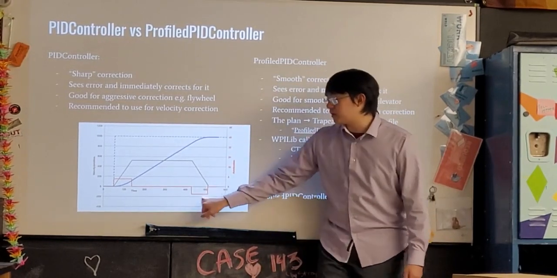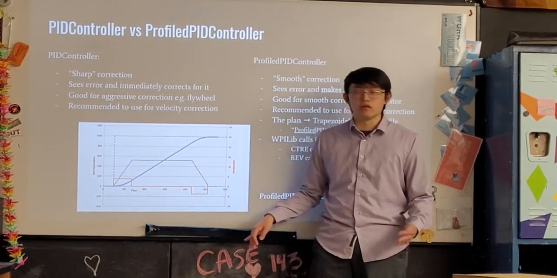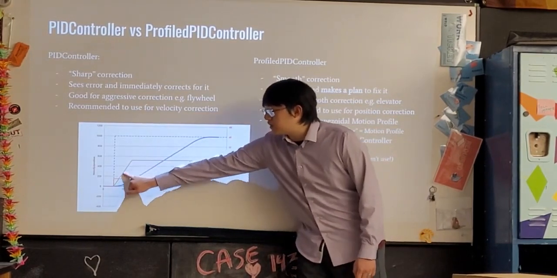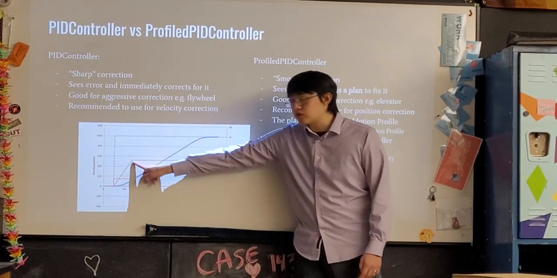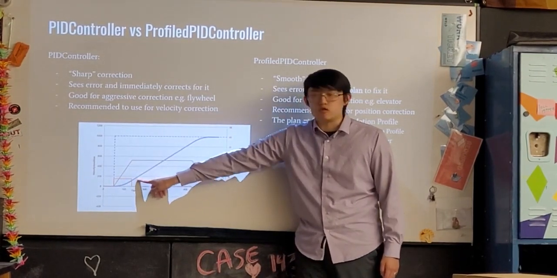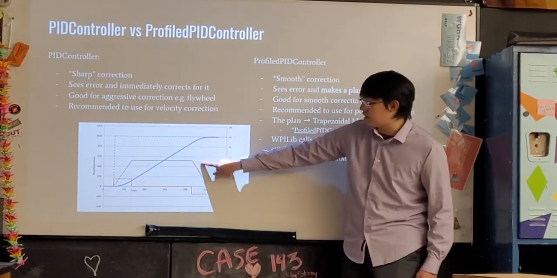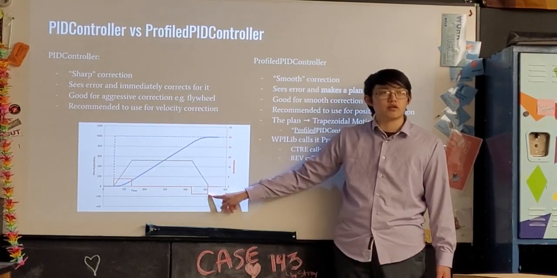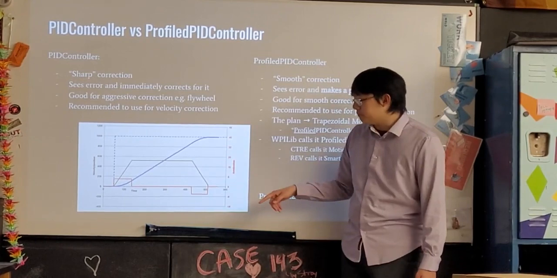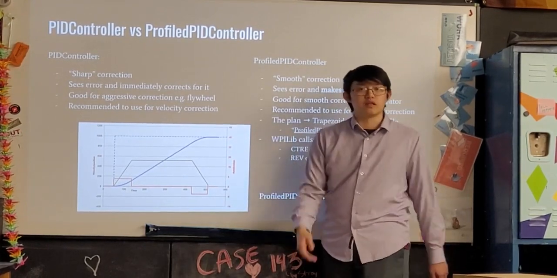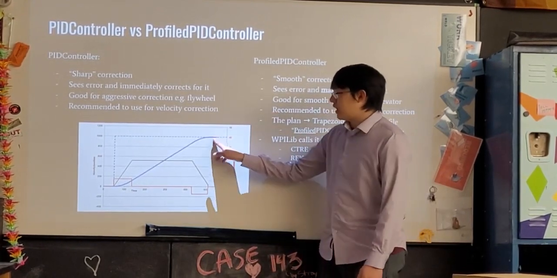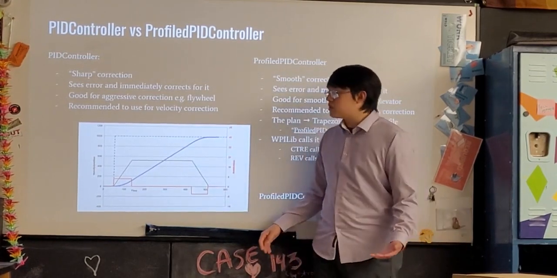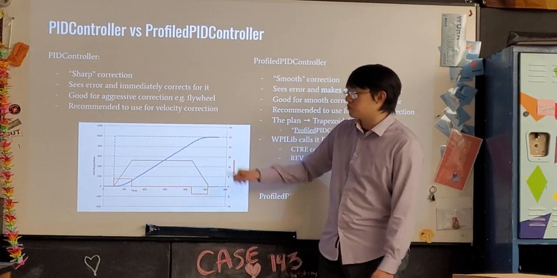Now, the red line here, you can probably guess, is acceleration. That makes sense because at this point you are increasing your velocity, thus your acceleration is positive. And down here, when you're slowing your velocity down, or decreasing your velocity, the acceleration is negative. And then the solid blue line is your position, say your elevator going from 0 to 1,000.